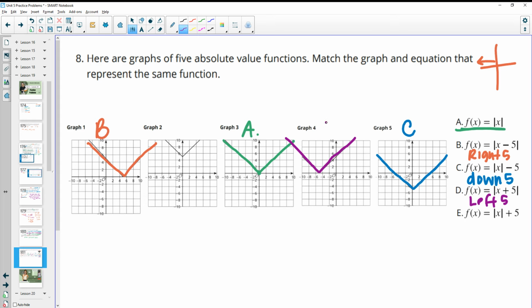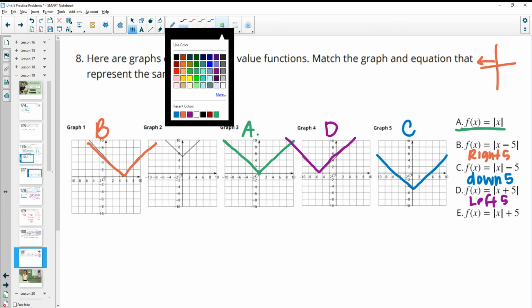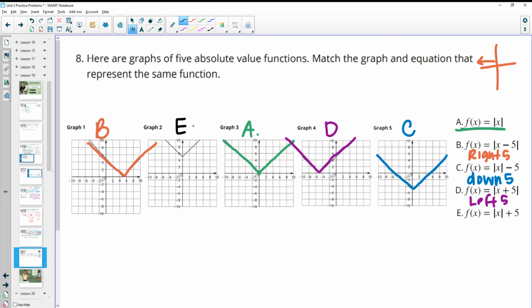So then this is D, and then that leaves number 2 to be E, which it is because that 5 is outside of the function, which moves it up 5 units. Okay, so this one would go up 5, right? And then give you graph E.